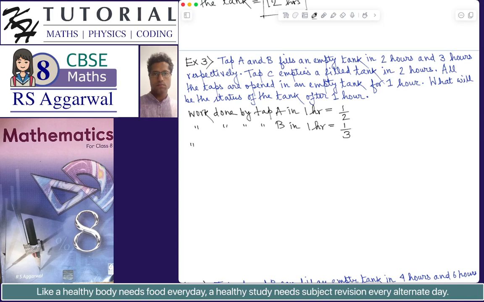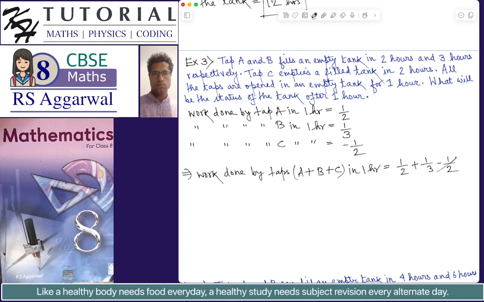For tap C, the work done will be negative, because tap C empties a tank. So the work done by tap C in 1 hour will be equal to minus half. So this implies the work done by taps A plus B plus C, meaning all the taps working together in 1 hour, will be equal to half plus 1 by 3 minus half.